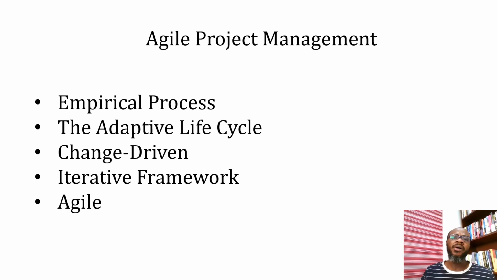Now, when we talk about empirical procedures, we are looking at methods that utilize trial and experimentation in order to evolve the solution they are looking for. Unlike traditional waterfall project management, which utilizes a defined process simply because what is being done has been done over and over again, there is a blueprint they can reference. There are procedures already established that they can follow stage by stage to get to the final outcome.